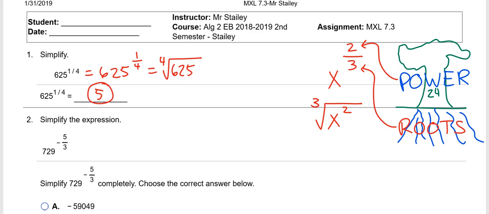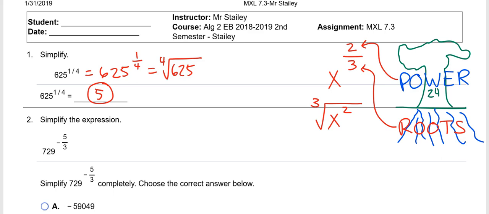Underneath the ground of that tree. What I've been trying to indicate here, this is just a way to try to remember the fractional exponent has the power on the top and the roots on the bottom. So when we go from here to here, then we're dealing with the cube root.